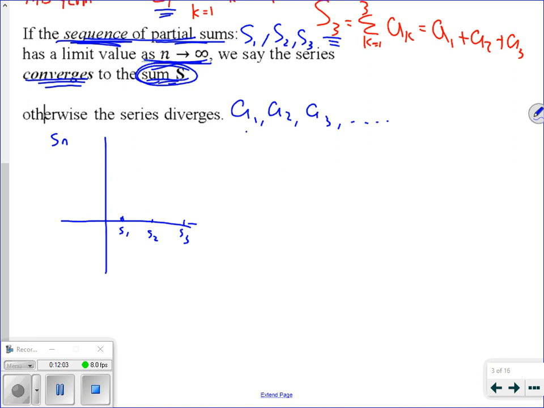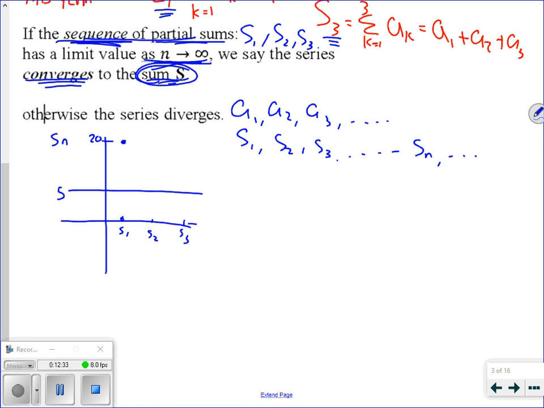But if I'm talking about S1, S2, S3, I'm talking about the partial sums approaching a specific number. And if I talk about the infinite amount of partial sums, that would eventually be the infinite sum. But let's say we have a number right here, it's 5. Let's say the first partial sum is 20.